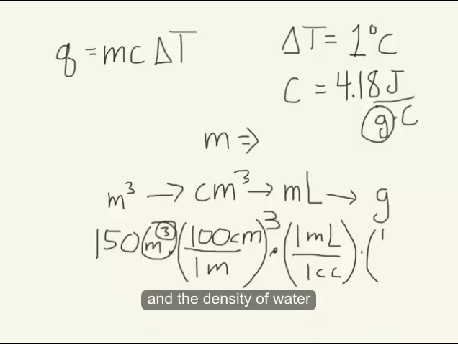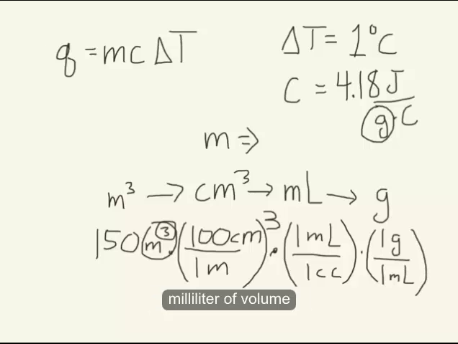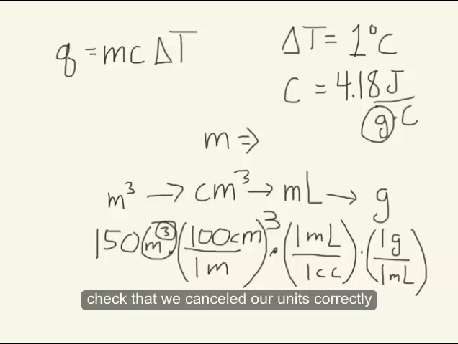And then the density of water is 1 gram of mass per 1 milliliter of volume. Check that we canceled our units correctly.